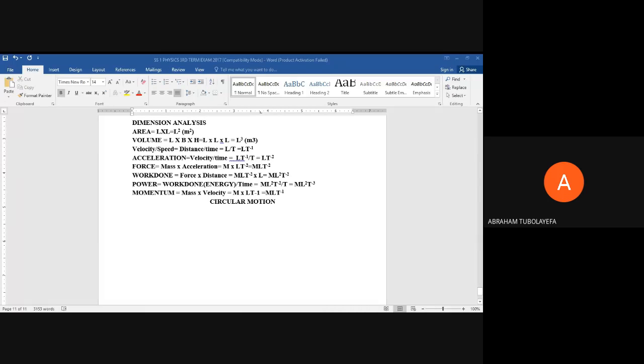You have constant speed all around the points in the circular motion, but you're able to have acceleration because of the change in direction of the speed.